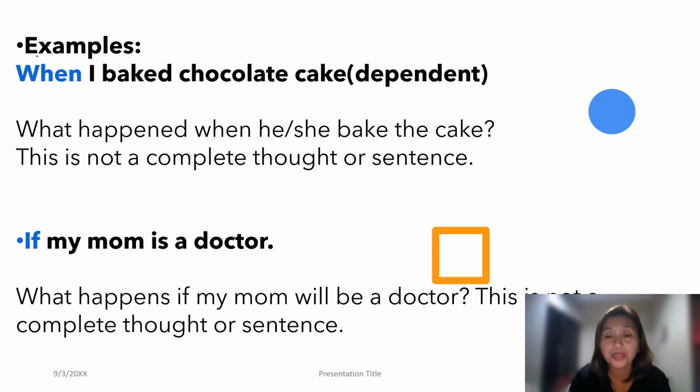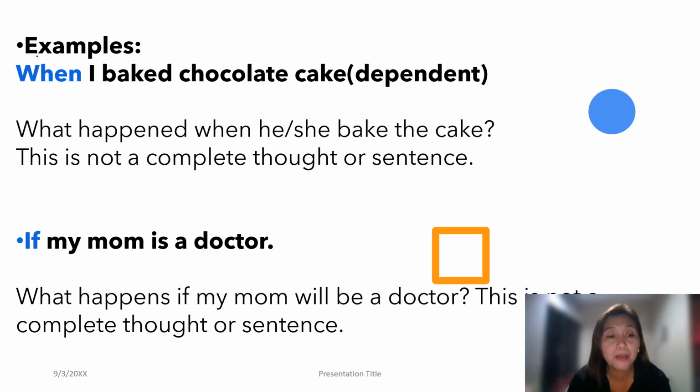So always remember that the trick is when you put a coordinating or subordinating conjunction at the front or before the sentence, it will become a dependent clause. So this particular dependent clause, what happened when she baked the cake? As you can see, this is not a complete thought or sentence, right? Do you agree with me?